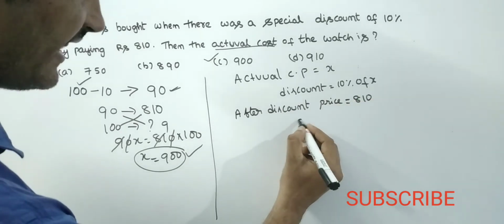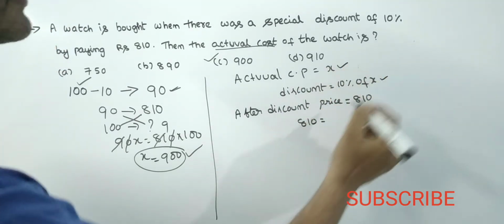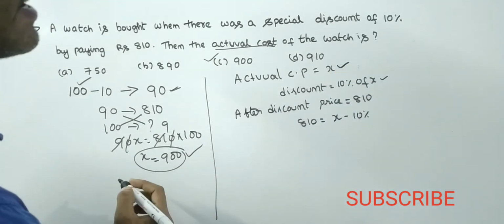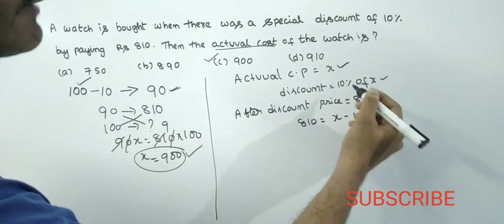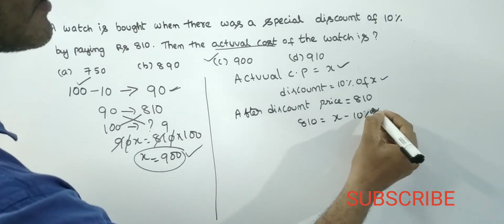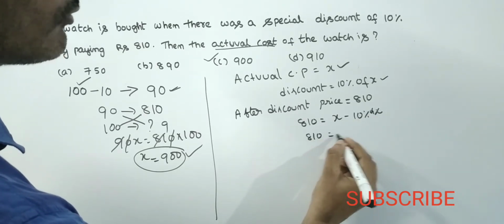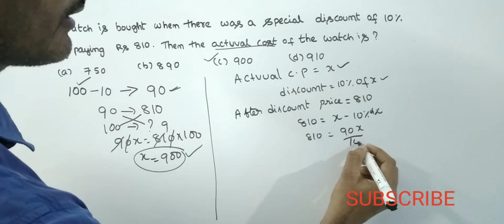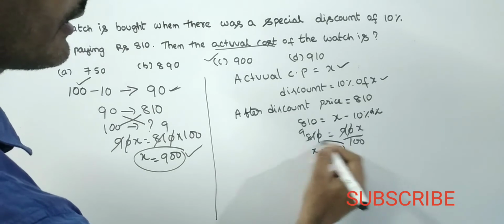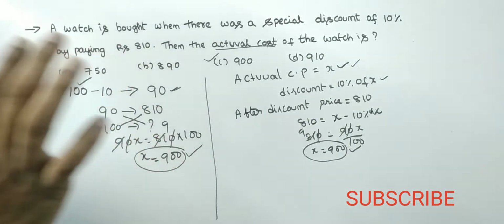That means 810 equals X minus 10% of X. See friends, the actual cost price is X. Then again he is giving 10% on the cost price, that means 10% of X. Then 810 equals X minus 10% of X. Then 810 equals 90X by 100. Zero, zero cancel, 9 nines are 81. Then X equals 900. See friends, what is X? X is the actual cost price.